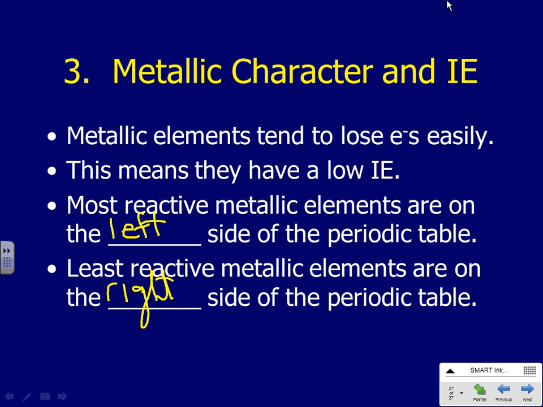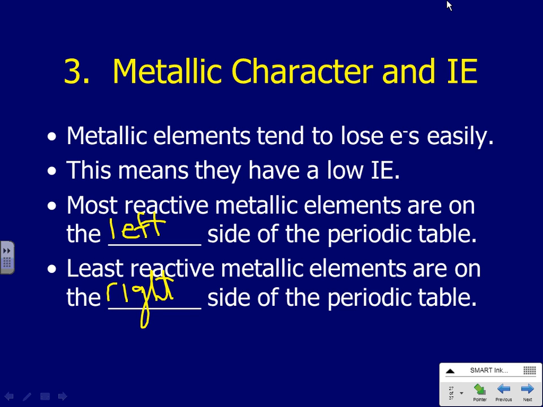Francium, perfect. Now, francium is made in a nuclear decay reaction. It's very unstable. Francium is not found very easily in nature. So really, cesium, in terms of one that we can get a hold of, is the most reactive, all right?